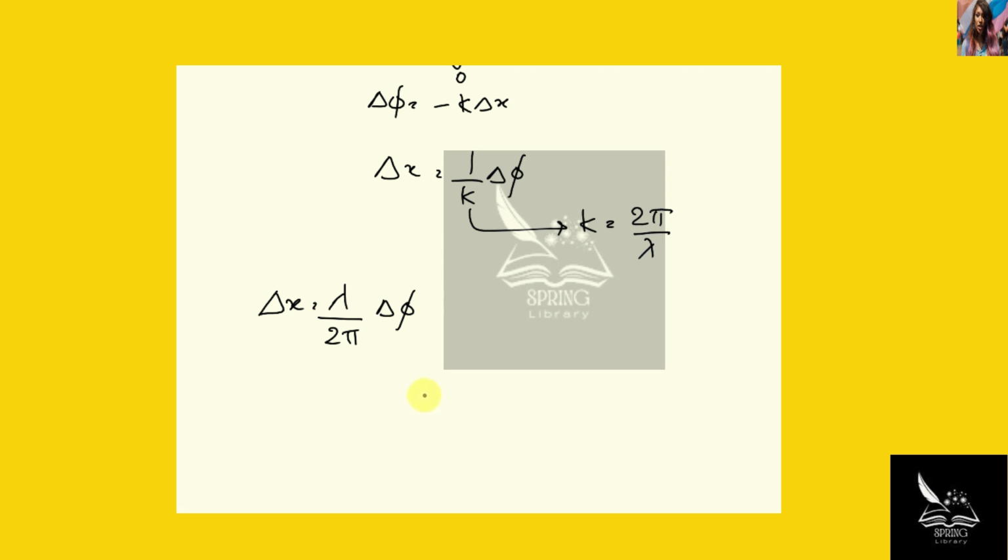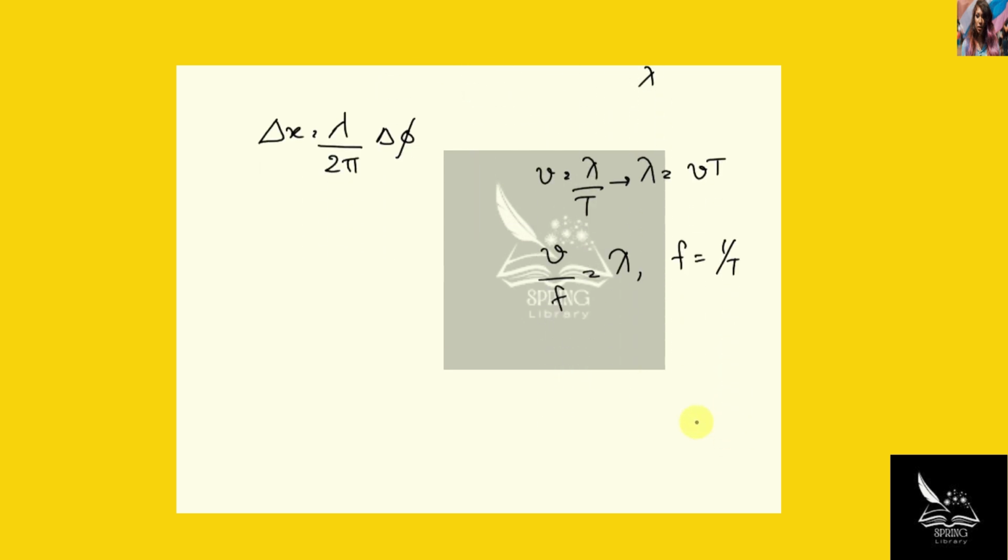Now, the wavelength is given by v is equal to lambda by T. Hence, lambda will be equal to v into T, and v by f is equal to lambda, since f is equal to 1 by T. Therefore, we can find out lambda is equal to 353 divided by 493, which is equal to 0.716 meter.